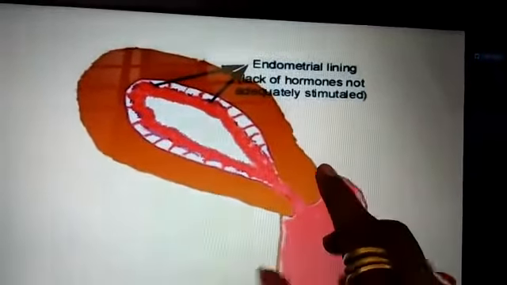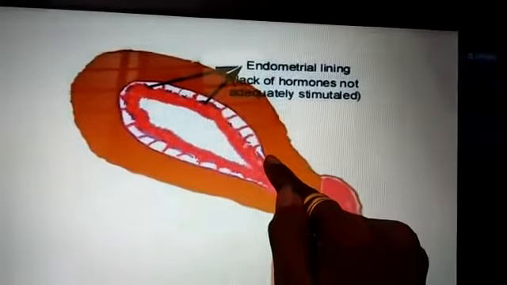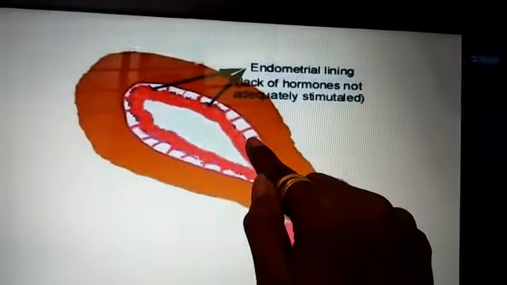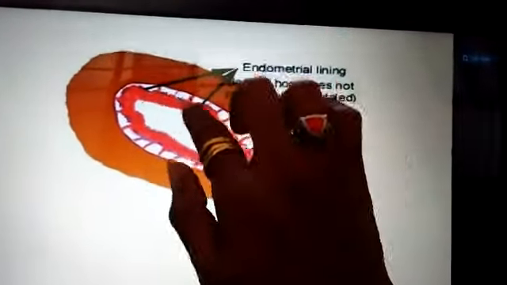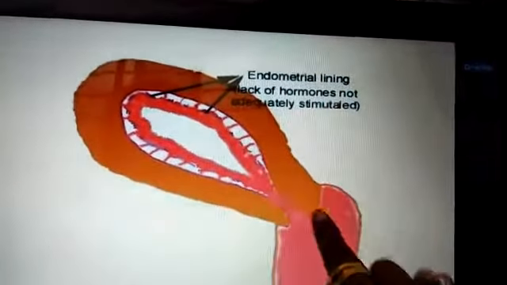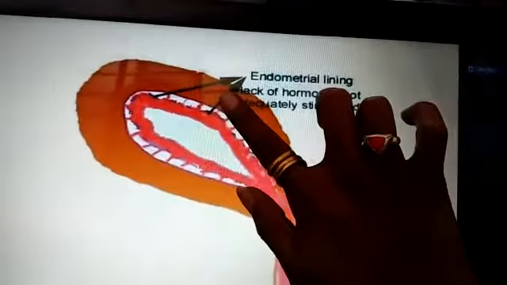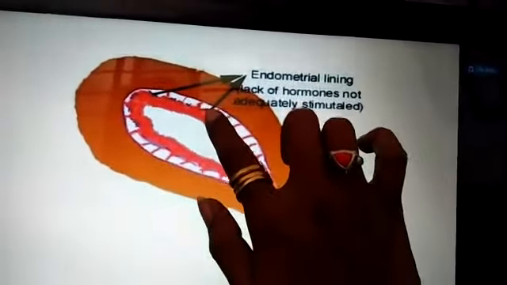What is the meaning of it? In this situation, sometimes this part is developed properly, then after 15 to 20 days this other part develops properly. But what happens after completing the 28 day cycle? This part sheds, and these parts remain. Afterwards it starts growing, and it sheds afterwards.